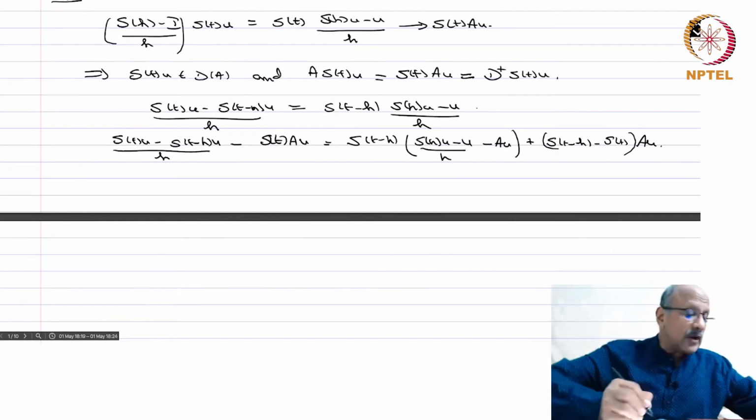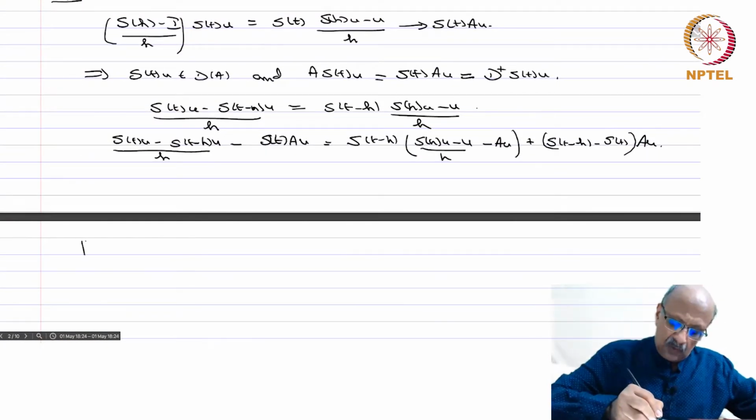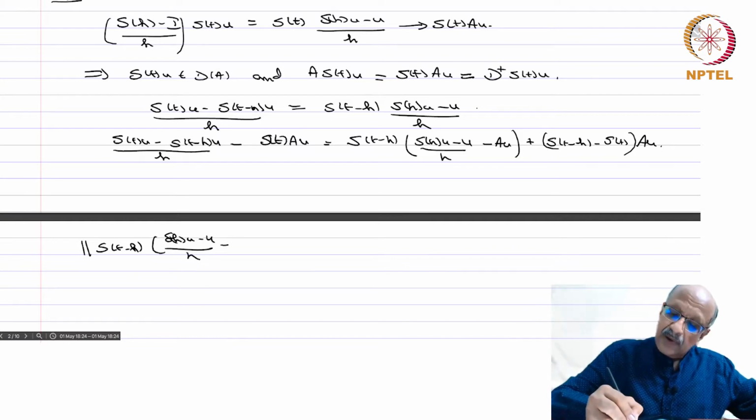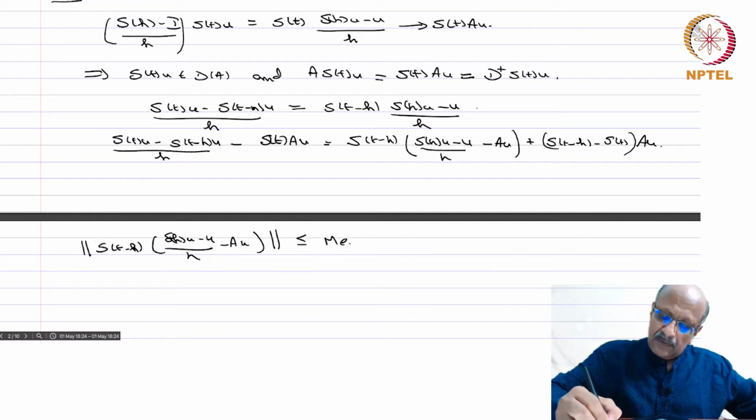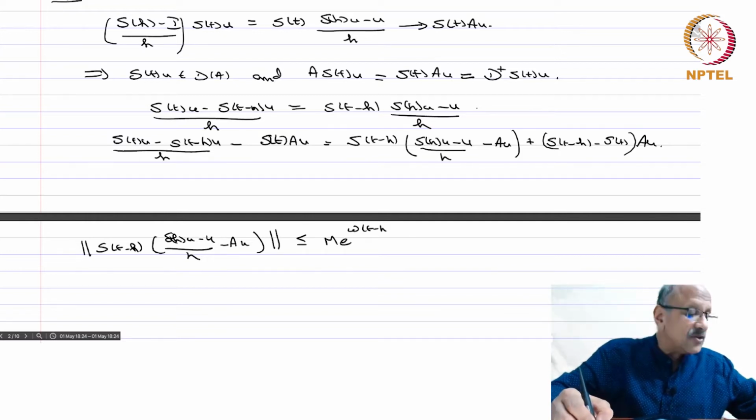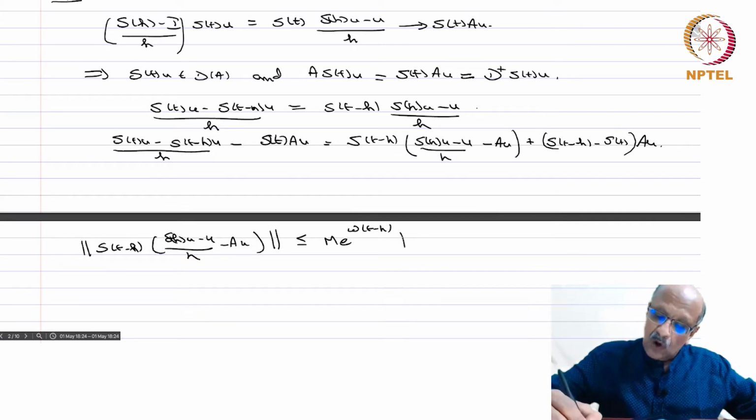So, now let us look at the first term, the norm of S(t minus h) of ((S(h)u minus u)/h minus Au). So, this norm is less than or equal to M e^(ω(t minus h)) into the norm of (S(h)u minus u)/h minus Au.